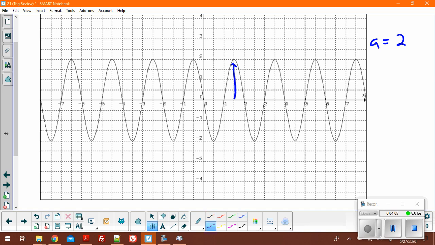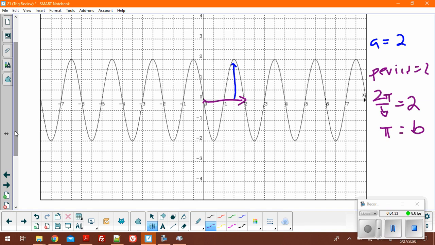On my graph, I have a complete cycle from 0 to 2, so the period is 2. We said that 2 pi over b is equal to the period, so 2 pi over b is equal to 2, and I have to solve for b. The 2 comes down, the b goes up, so pi is equal to b. So in my equation, I'm going to see a pi present there.